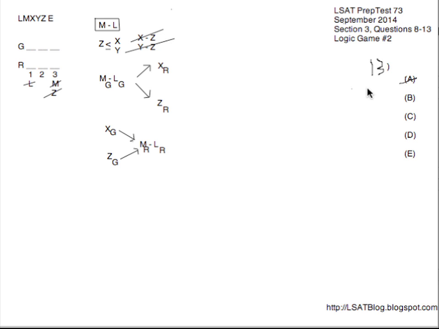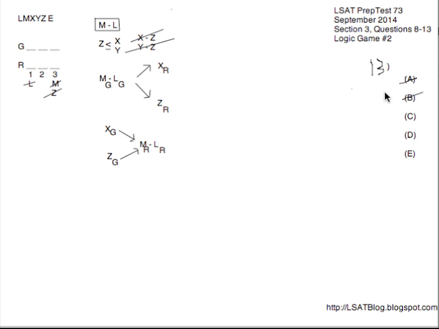Looking at B, M cannot be earlier than Z, so that would kind of take our diagramming of the second rule and say M before Z cannot occur, but it's really unclear how that would affect X and Y specifically. So I would eliminate that one, or at least strongly be biased against that being the answer.